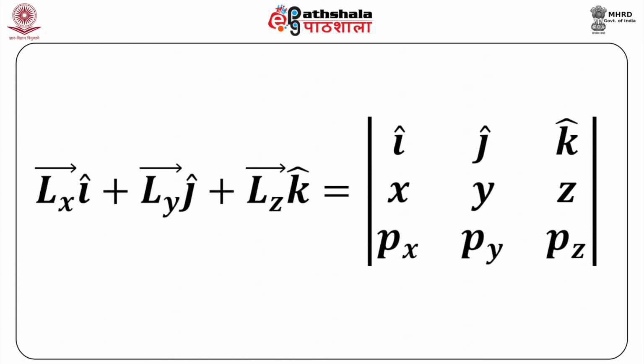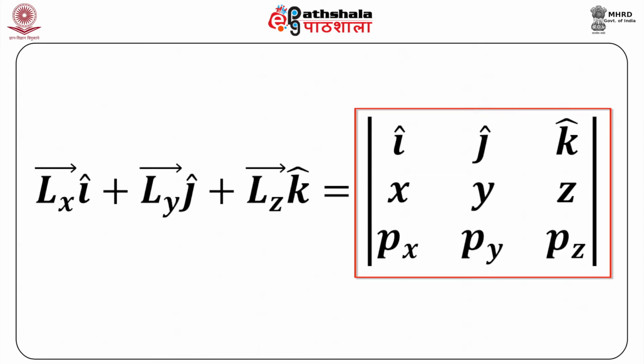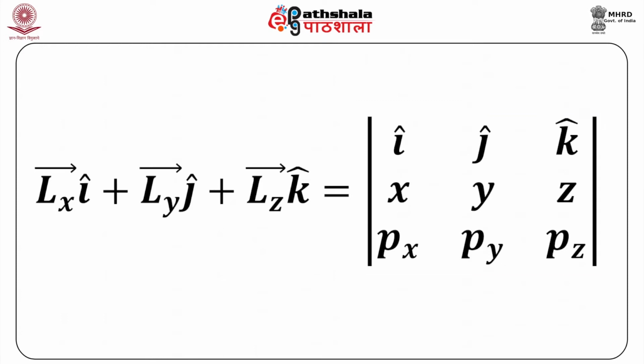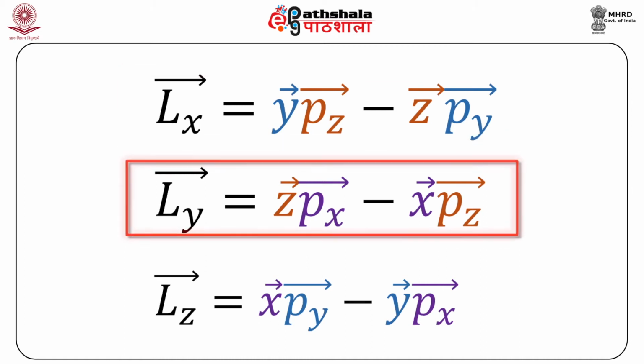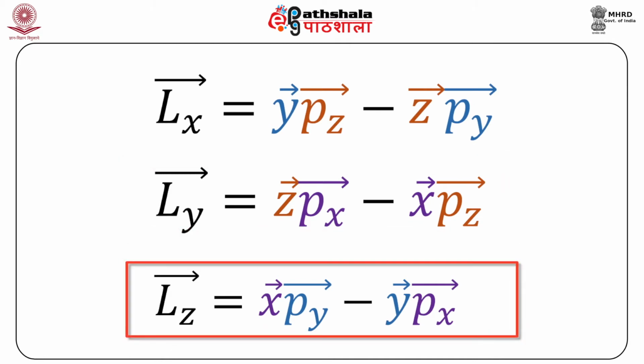That means we are writing the three components of angular momentum Lx, Ly and Lz in terms of unit vectors, and on the right hand side we have the corresponding expression for the cross multiplication of R and P. Now, if this expression is opened, then ultimately we will get that Lx will be given by y pz minus z py, and Ly, which is the angular momentum in the y direction, will be given by z px minus x pz, and Lz will be given by x py minus y px.